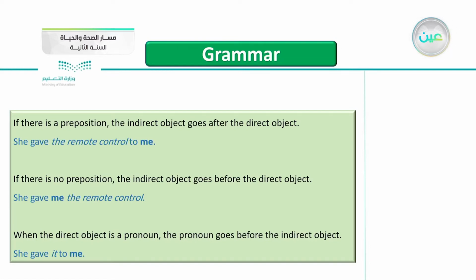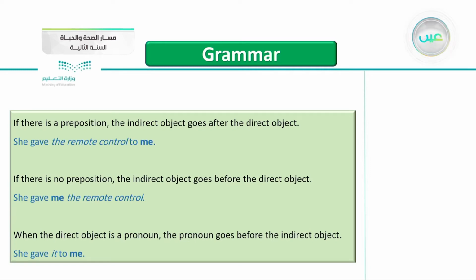We notice the preposition to. So wherever there is a preposition, the indirect object goes after the direct object. The second part here: if there is no preposition to or for, the indirect object goes before the direct object. She gave me the remote control. Notice the difference here.